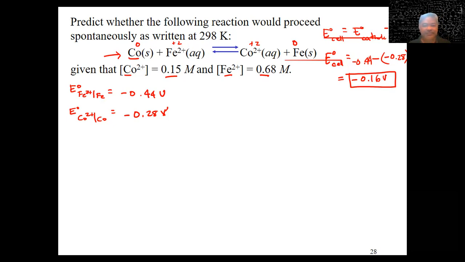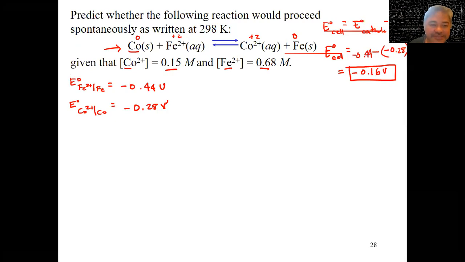Kasi nga, will this reaction be spontaneous at standard condition or standard concentration? So tingnan natin ilan yung gising or ilan yung nakikinig.